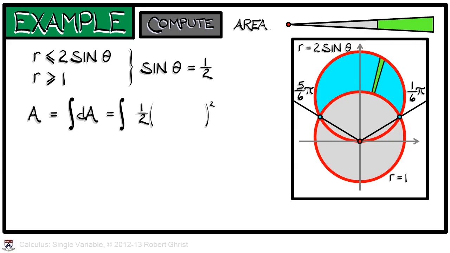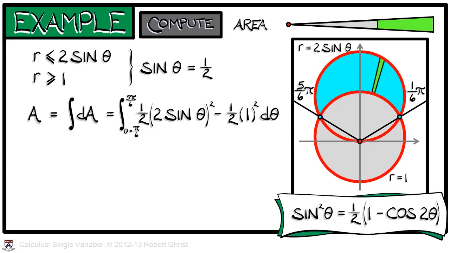Well, we take the outer area element, that is 1/2 of the outer radius squared, and subtract off 1/2 times the inner radius squared. Of course, the outer radius is r equals 2 sine theta. The inner radius is r equals 1, paying careful attention to our inequalities. We have to perform this integration as theta goes from pi over 6 to 5 pi over 6.